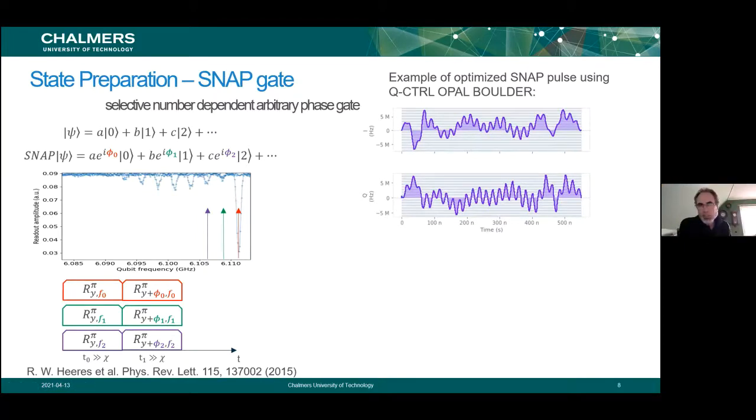Unfortunately, it has a broader spectrum than just the comb drive. Even though I want to just do a pi pulse with pi phase on the zero, throughout the pulse it will drive all of the transitions, all of the phases, but just, say, 50 nanoseconds before the end of the pulse, it will refocus everything.